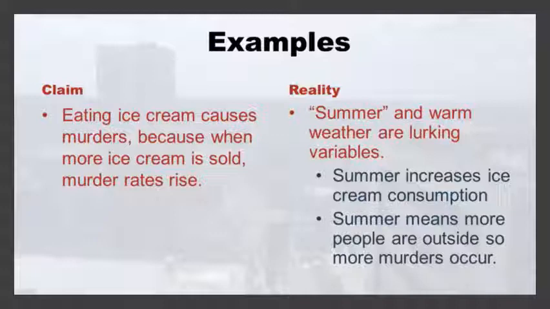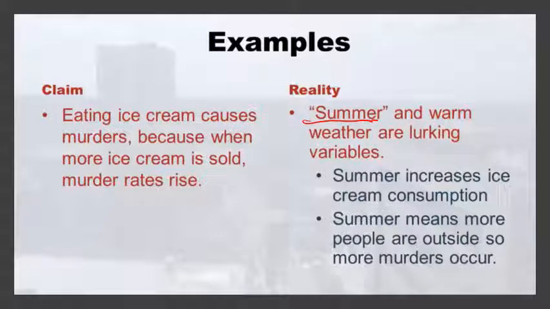Okay, so an example of this could be eating ice cream causes murders to happen. Because when ice cream sales go up, murder rates rise. Wow, that's crazy, right? Well, what's really happening is when more ice cream is sold, it's usually during the summertime.